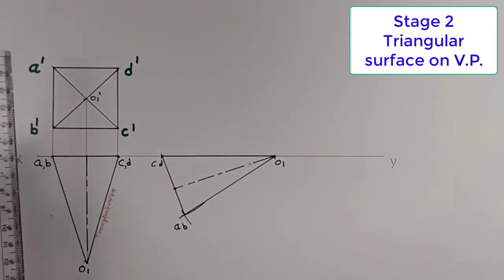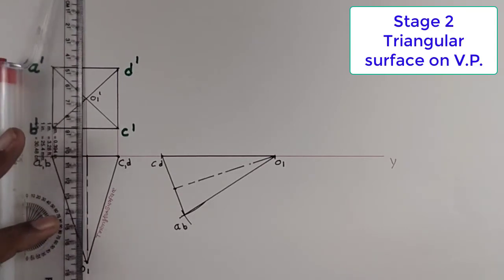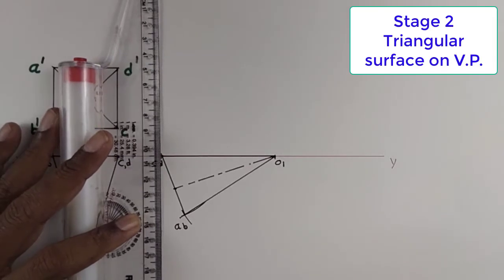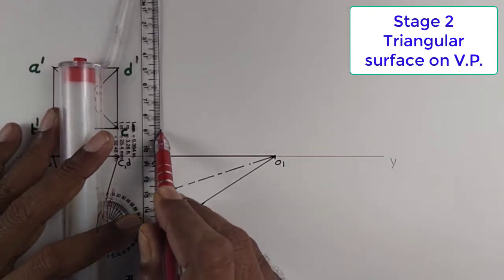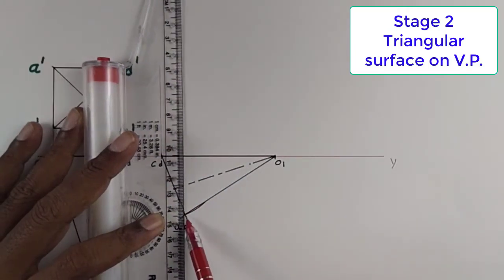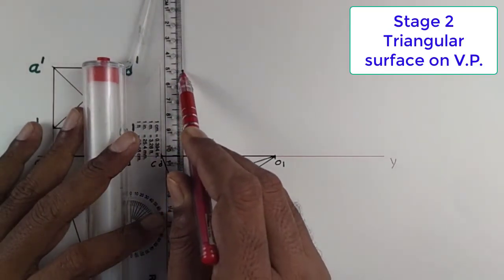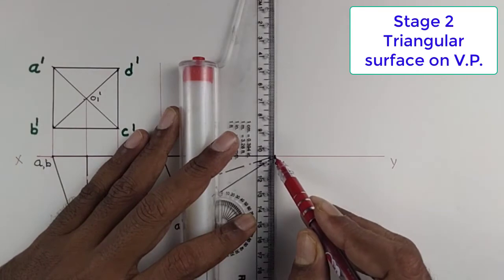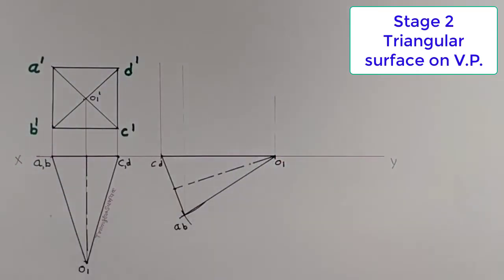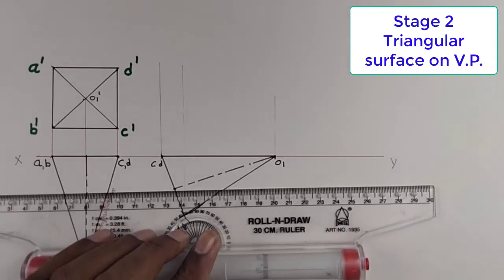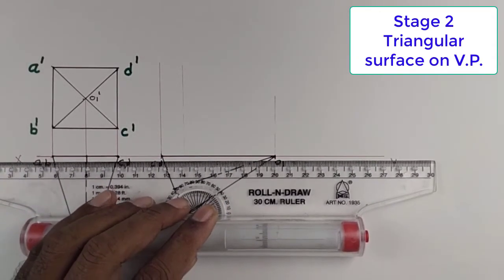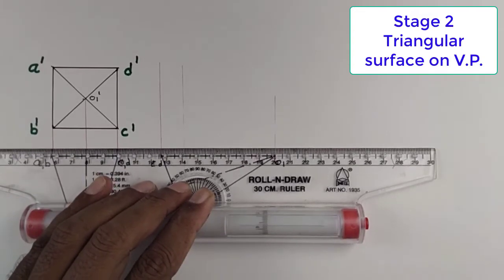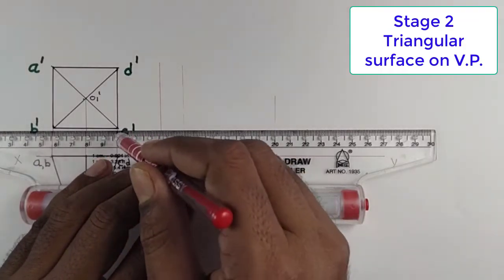Now, for getting your elevation, first we collect the vertical projection from the base, from the corners A and B, and also transfer your apex projection. Now the horizontal projection, all lines should be parallel. Horizontal projection from previous elevation.